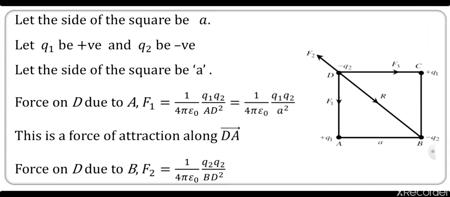You can see in the picture, along one diagonal you observe minus q2, and opposite to that corner it is minus q2 only, and along the AC you can observe there is a plus q1 and plus q1. So diagonally opposite, we are placing the like charges there. Since there are like charges, there is a repulsion. So you can see the F2 which is going away because of the repulsion.